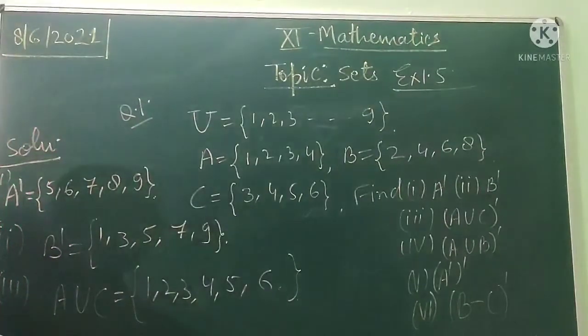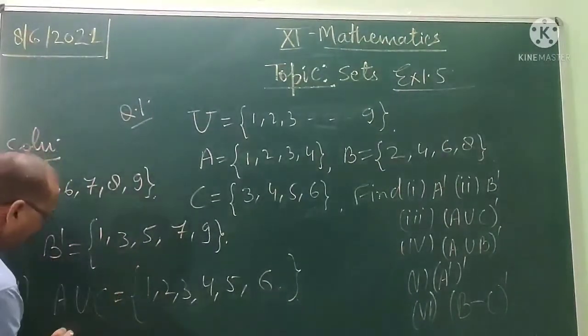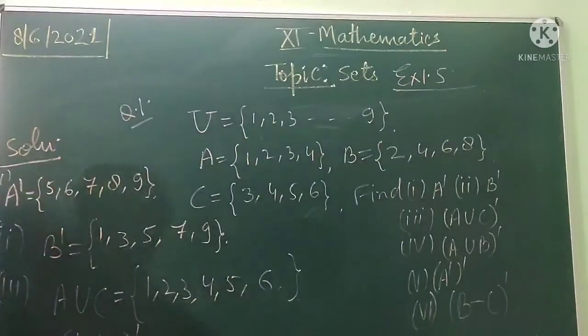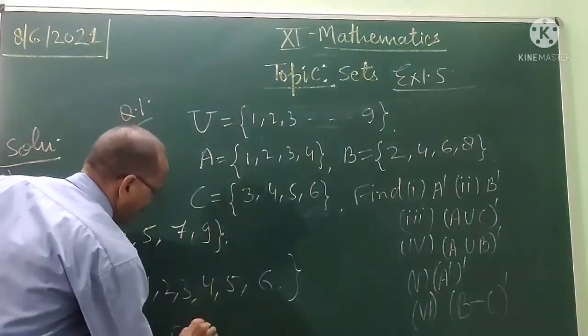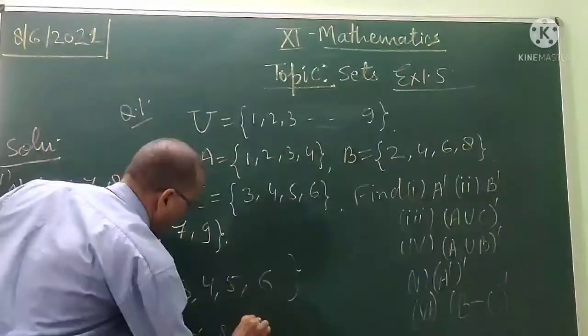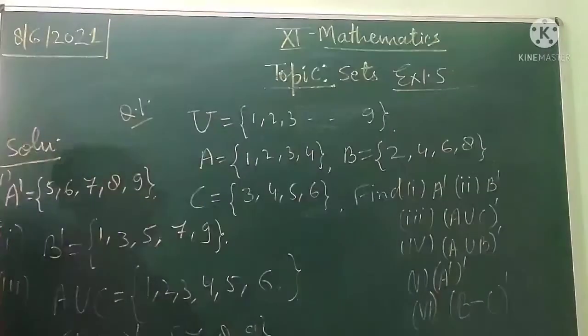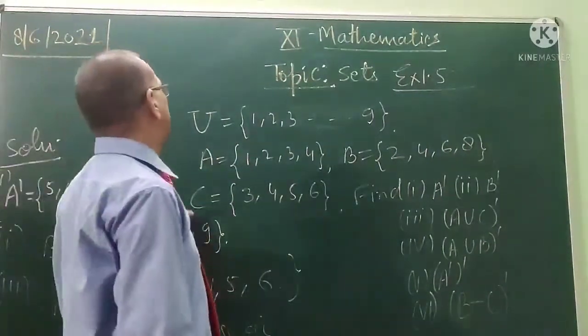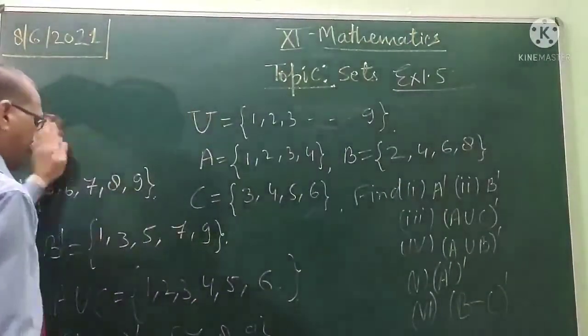Now we need its complement. So (A union C) whole complement is elements 7, 8, 9. In the complement, there are the elements that belong to the universal set but do not belong to the set A union C.